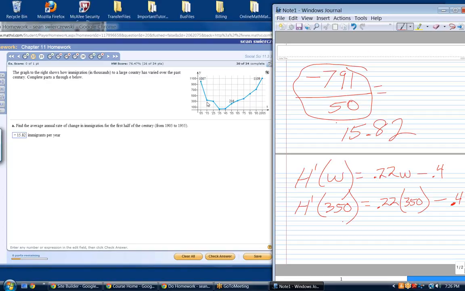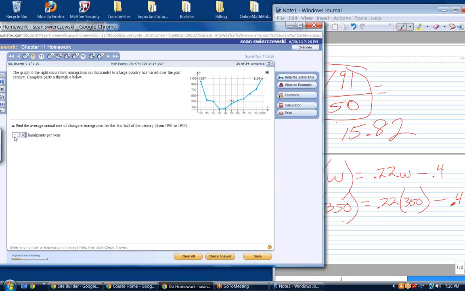Let's see. That's 5 years, 10 years, 15 years, 20 years, 25 years. No, it's 10 years per, so it's 10 years, 20 years, 30 years, 40 years, 50 years. I'm stumped. I'll try it with a plus, but could I have used the wrong 15.82? There's no way this can be right.